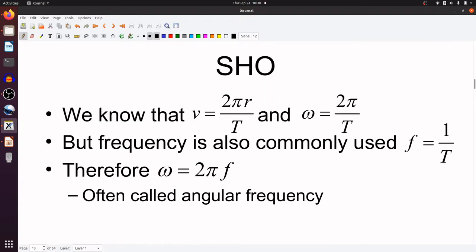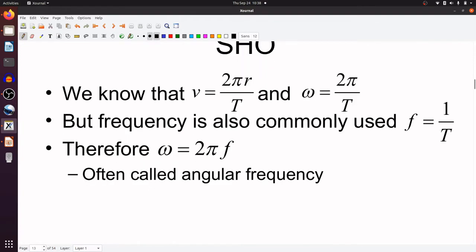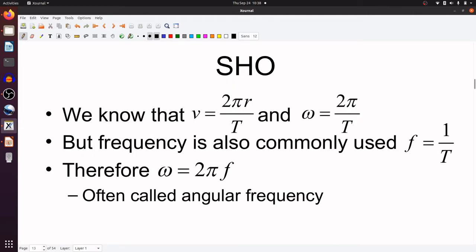Okay. So, a couple other new things here. We know from chapter 5 that 2 pi r over t was the velocity, and we know that omega is 2 pi over t. Frequency is commonly used, measured in hertz, and that's 1 over the period. Frequency is 1 per second, and we call that hertz.